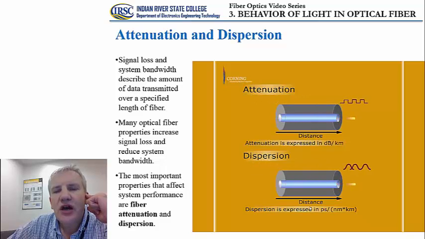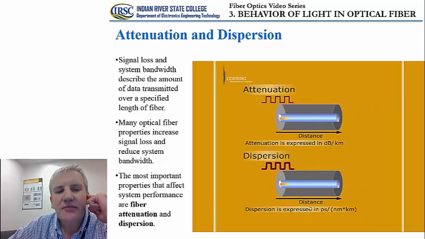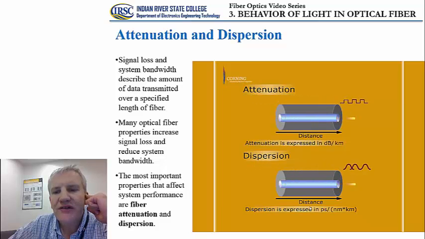Attenuation and dispersion are very much associated with the loss of signal in optical fibers. Many optical fiber properties increase the signal loss and reduce the system bandwidth, and attenuation and dispersion that are shown here graphically on this slide are main culprits that cause this specific loss of signal in an optical fiber.